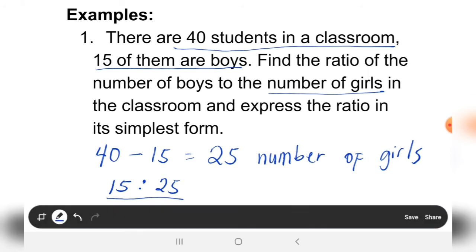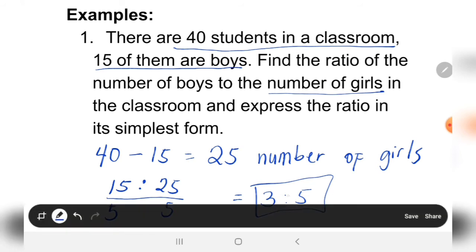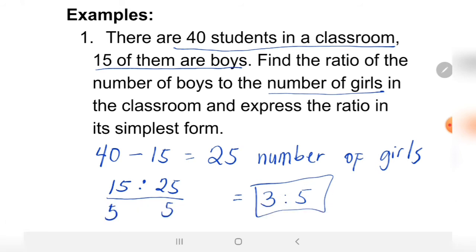Now, let's find the common factor of 15 and 25, and that is 5. 15 divided by 5 equals 3, and 25 divided by 5 equals 5. And we got this answer. The simplest form is 3 to 5.